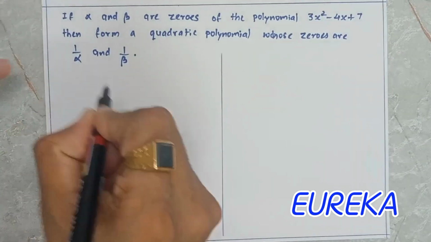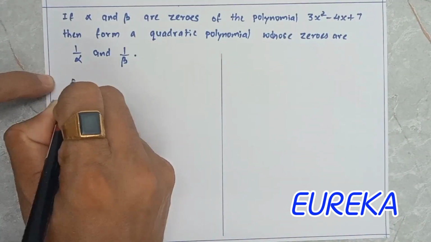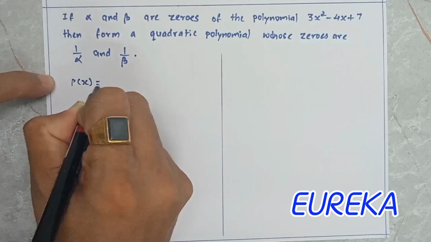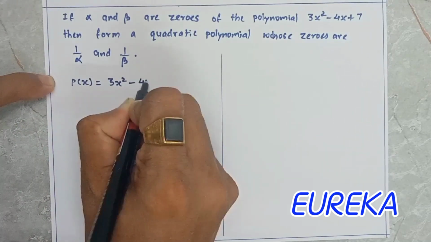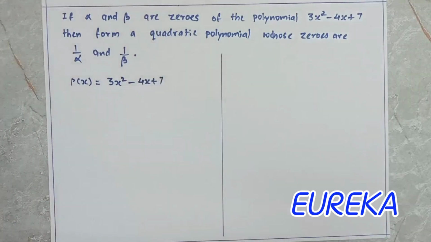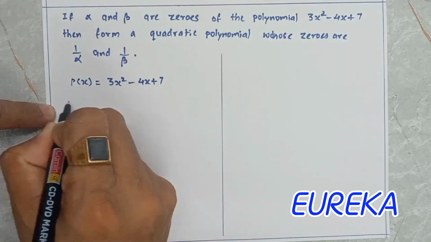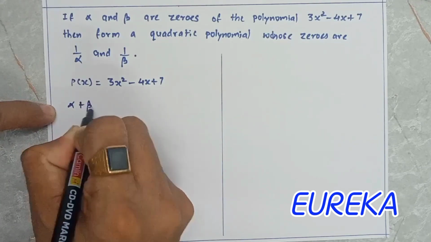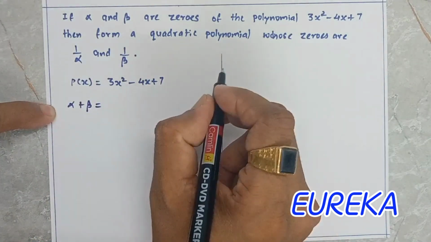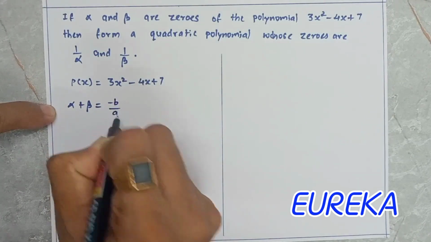First we need to represent this polynomial as p of x. Let p of x equal 3x square minus 4x plus 7. Now they are saying that alpha and beta are its zeros. So we know the relation for the sum of the zeros: alpha plus beta, the sum of zeros, is equal to minus b upon a.